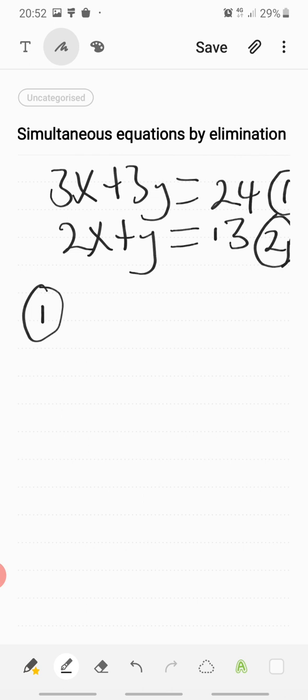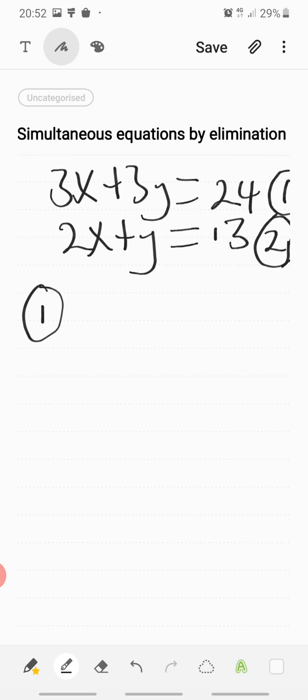So as you can see here, we have 3x plus 3y. Then in the second one, we have 2x plus y. So we would want to achieve a scenario where we have the same coefficient. If it's x, we have the same coefficient on the first equation and in the second equation.